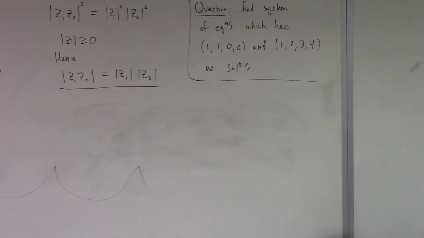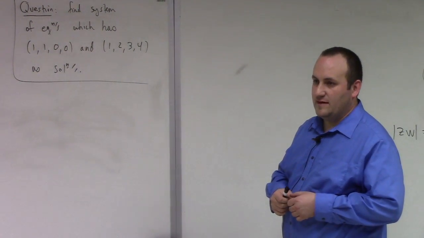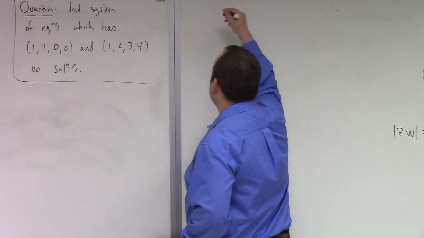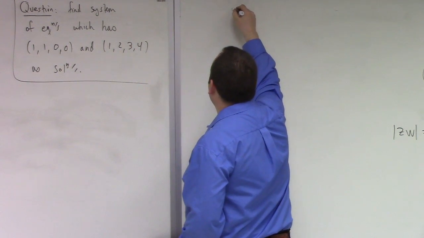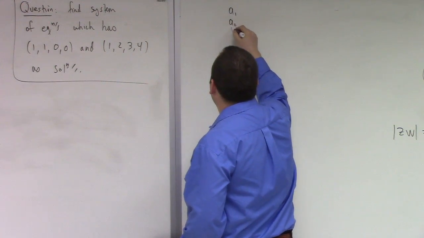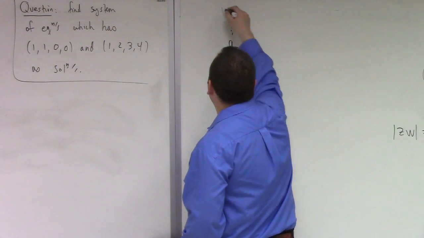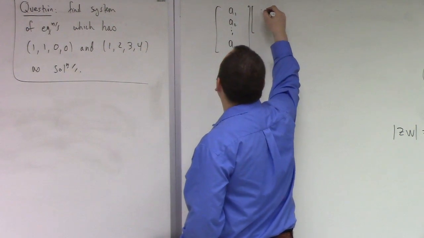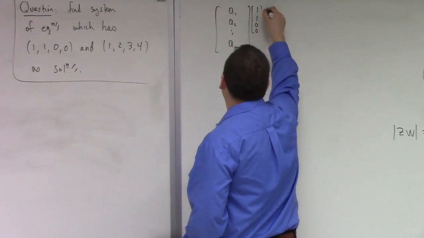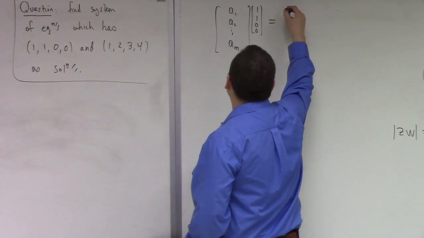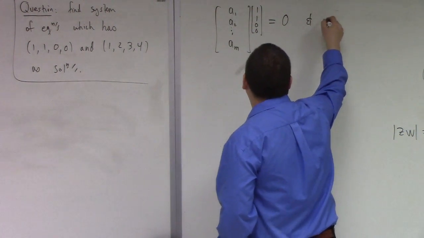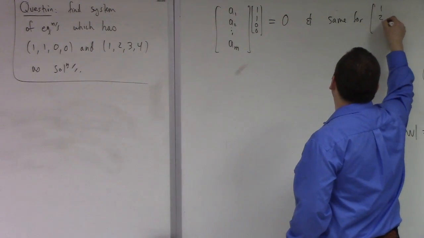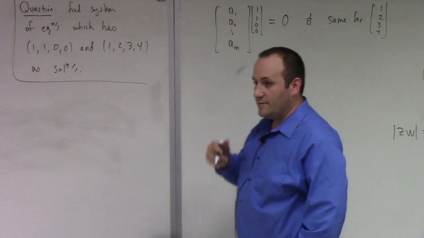You need at least how many columns to make this make sense? 4, right? So you're looking at something like A1, A2, however many equations you need, up to AM, times what? You want (1, 1, 0, 0) to give 0, and the same for (1, 2, 3, 4).